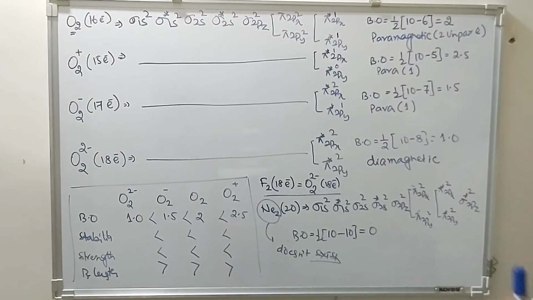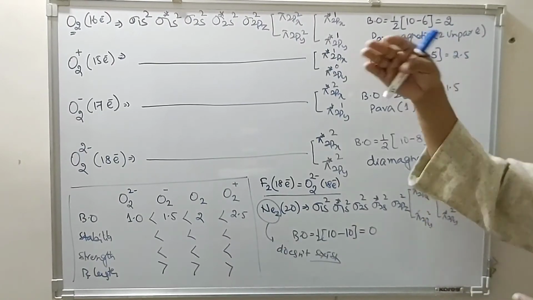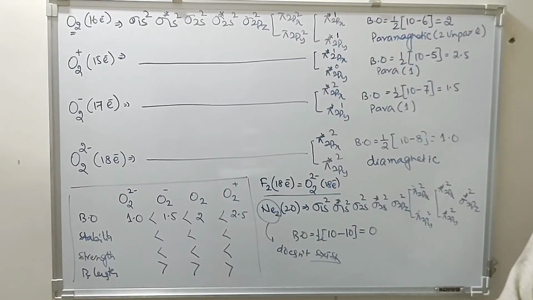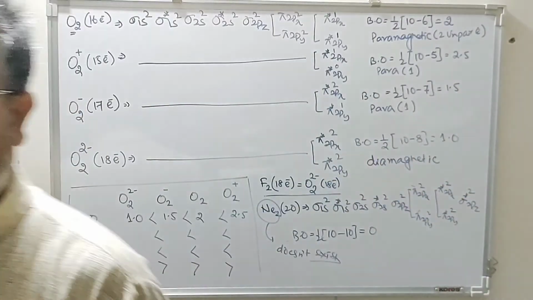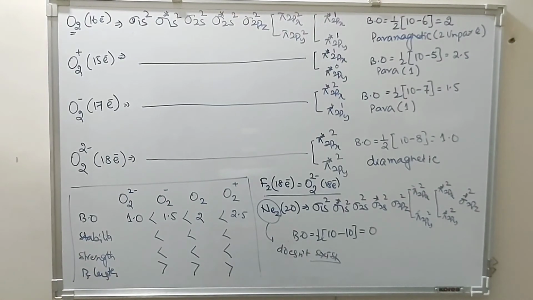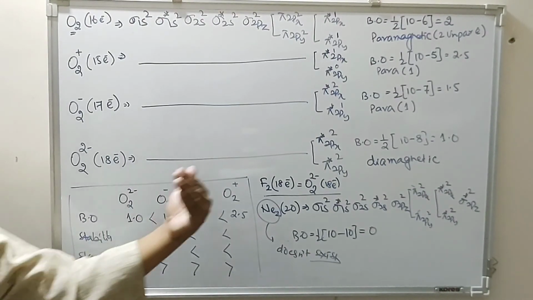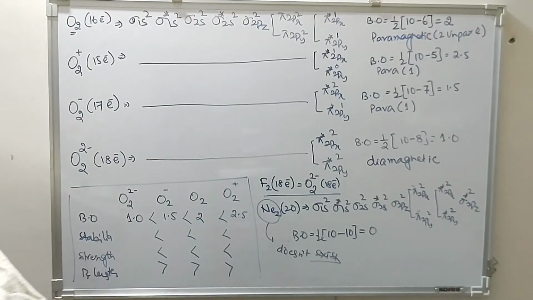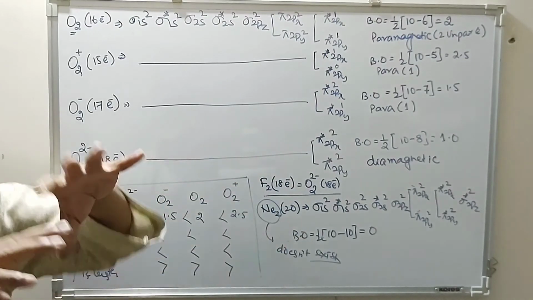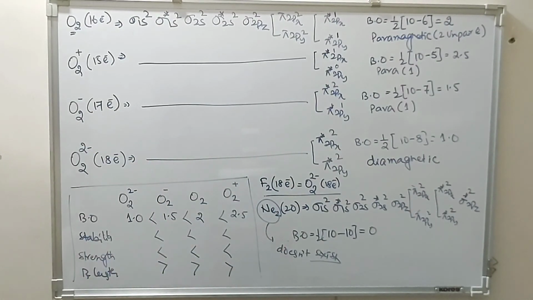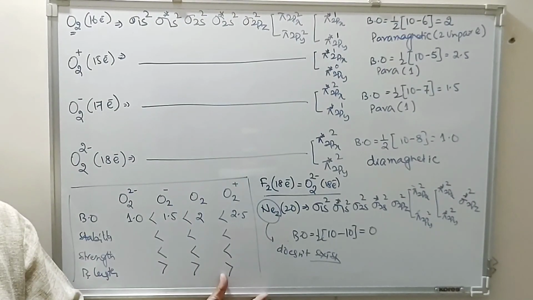Once we have the electronic configuration, we can easily define the parameters. That is a very important application of molecular orbital theory. All this comes from the linear combination of atomic orbitals. That was the main point, and this is the application part. So this is a brief summary of the molecular orbital theory concept. Hope you enjoyed the class. We'll meet you again.